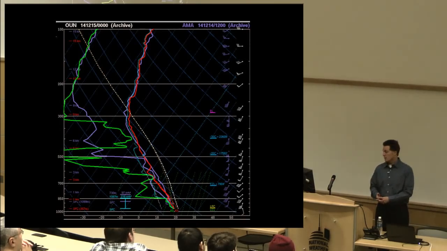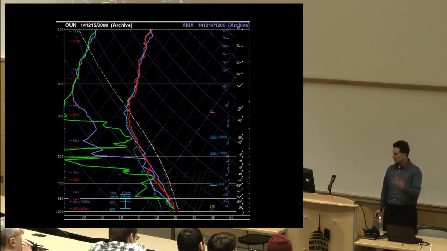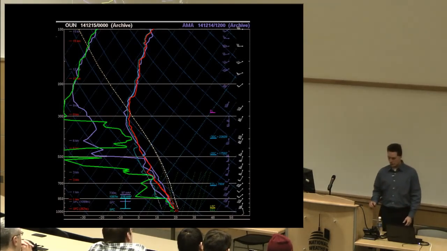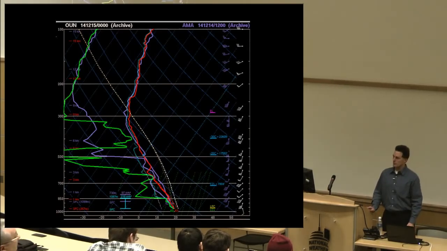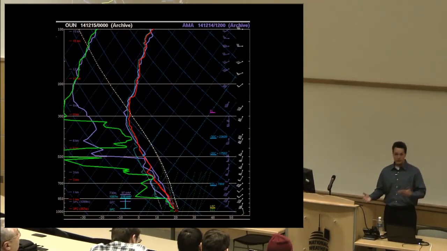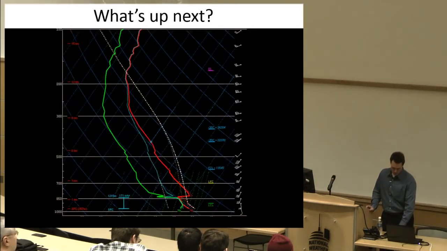This is one of the relatively rare cases where mid-level cold advection may have actually helped with a lot of the destabilization. However, you don't see this particularly often with big tornado events. Some severe weather, yes, but usually the big events don't look anything like this in the warm sector. But you can do it. There's a number of ways. Again, get your hands dirty, roll up your sleeves, and look at the data.